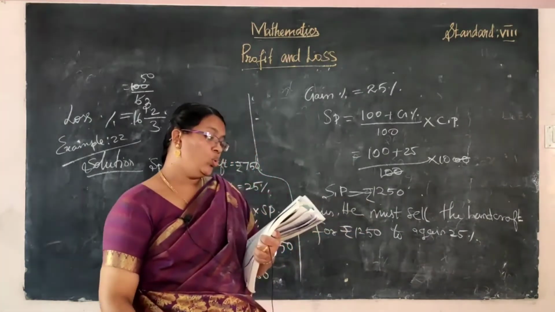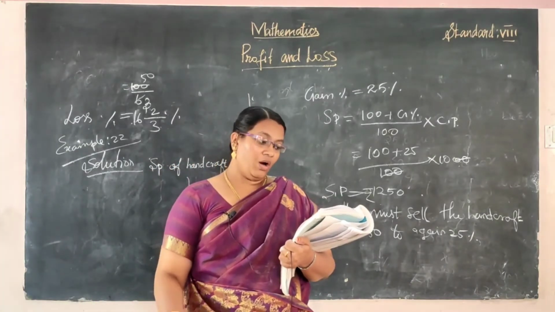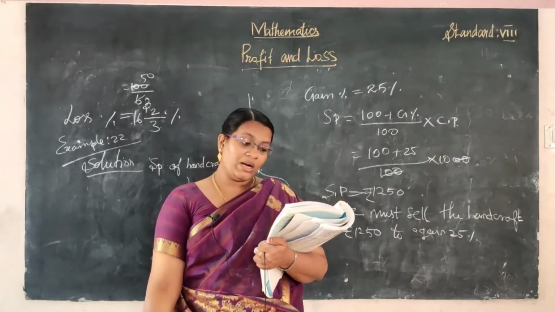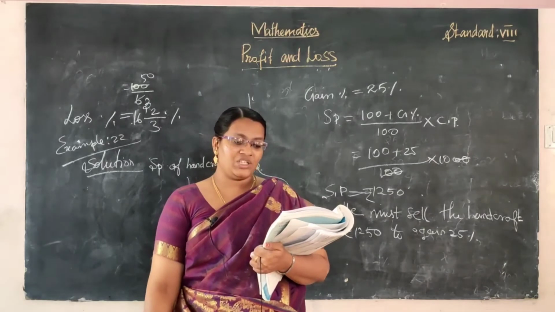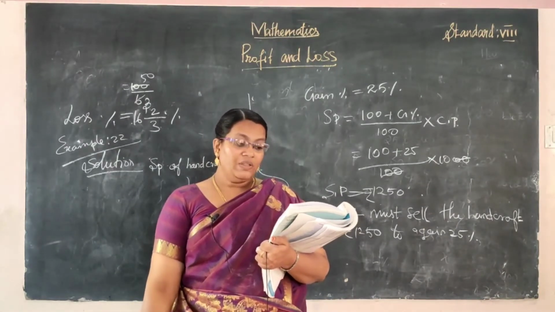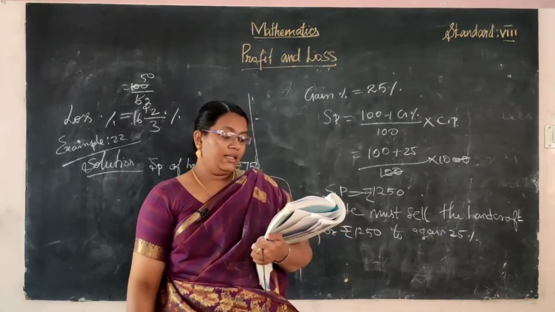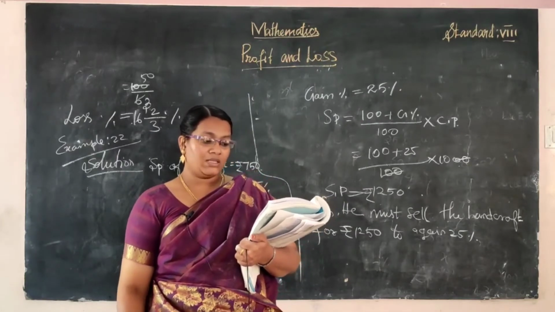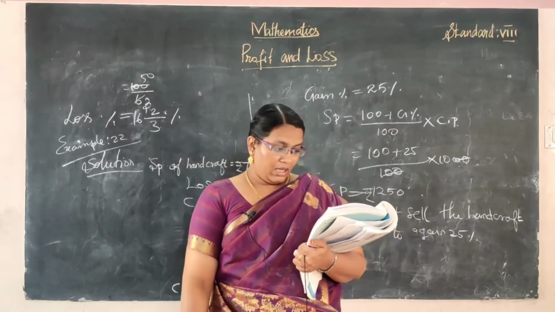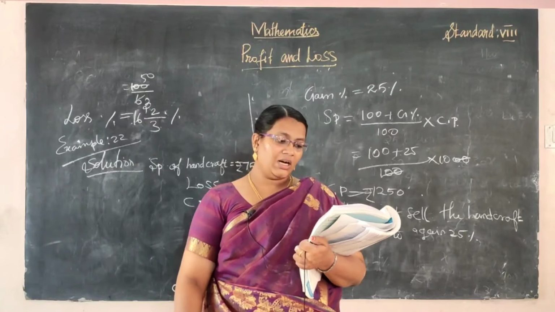A man bought 2 laptop sets for rupees 42,500. He sold one at a loss of 10% and the other at a gain of 10%. If the selling price of each laptop set is the same, okay, selling prices are same, determine the cost price.